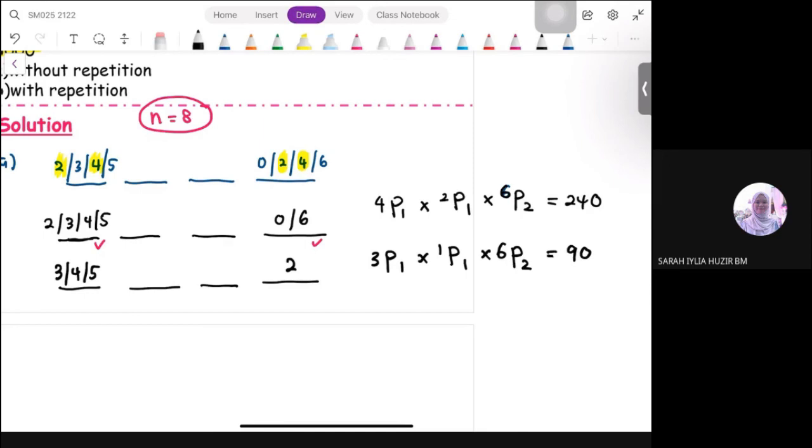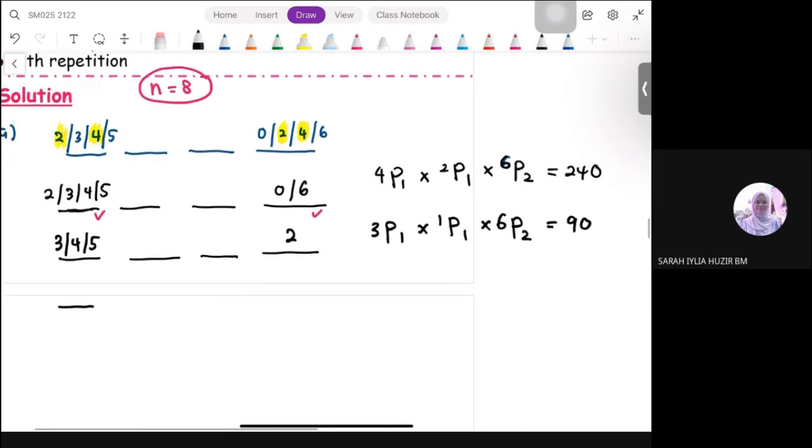Okay. Next one. If our last digit is 4. So for the first digit, it can be either number 2, number 3, or number 5. So we have 3 options for the first space, 3P1. Only 1 option for the last digit, 1P1. Remaining 6 options for remaining 2 space, so 6P2.